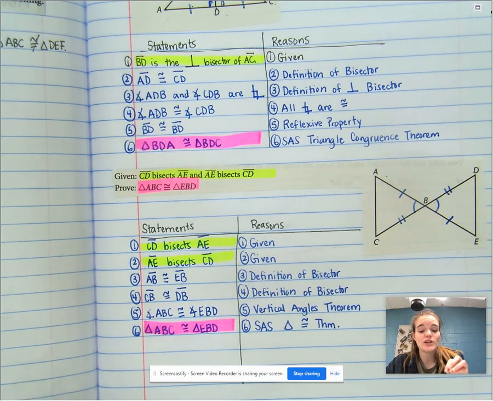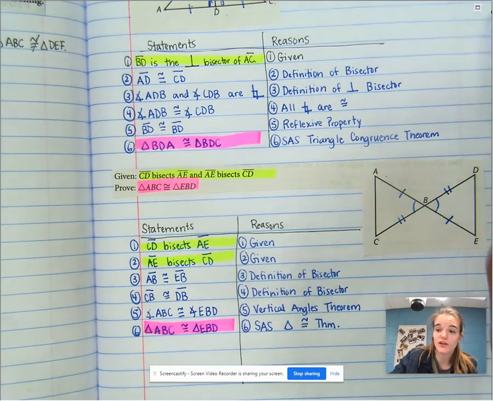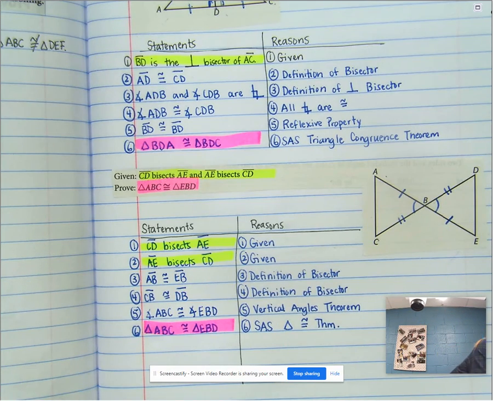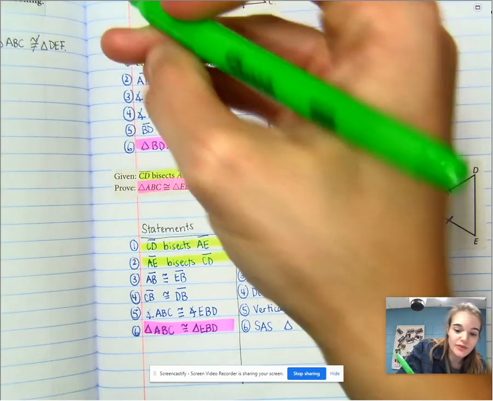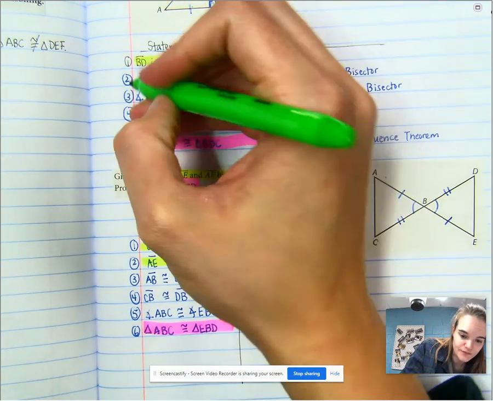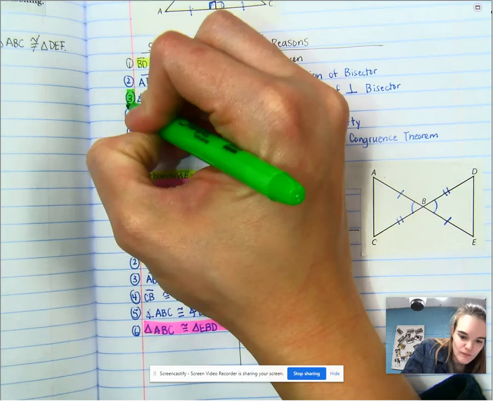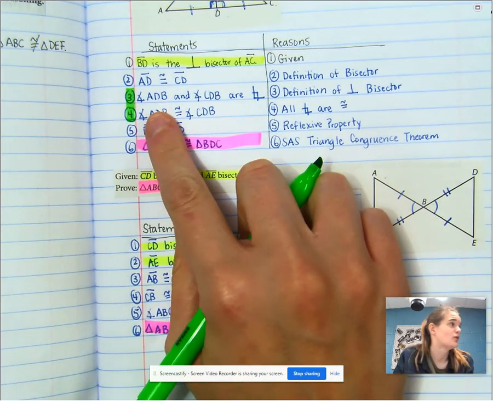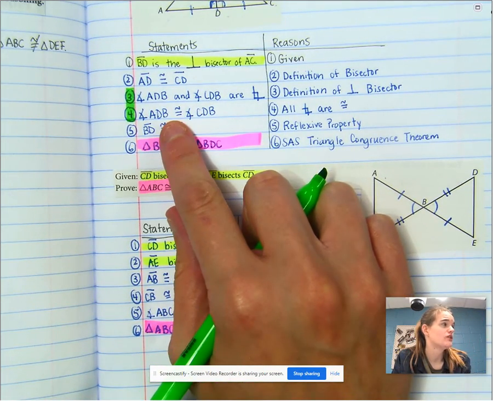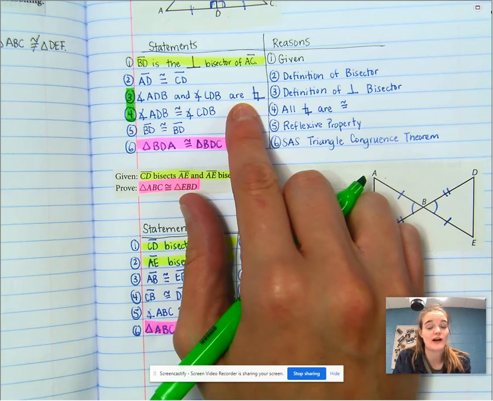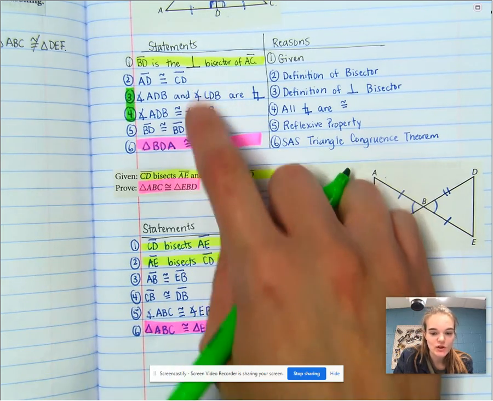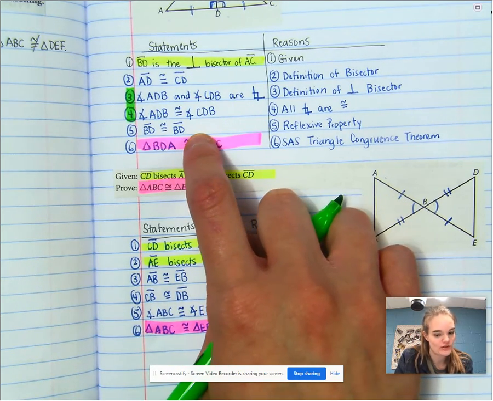There are certain ones that go together that matter. For instance, I'm going to grab another color. On this one, these two mattered. 3 had to come before 4 because 4 is talking about their congruent because they're right angles. But the other two didn't matter which order they were in.